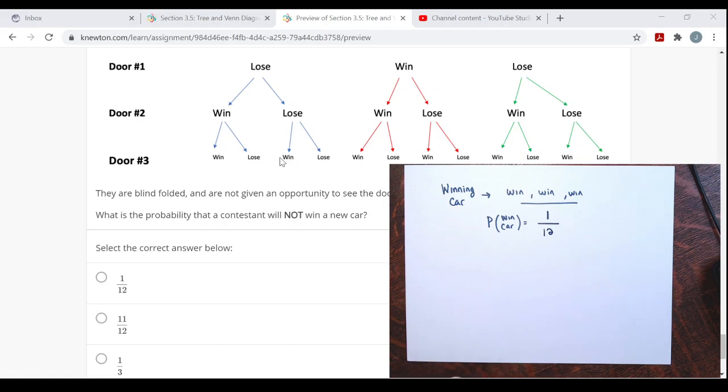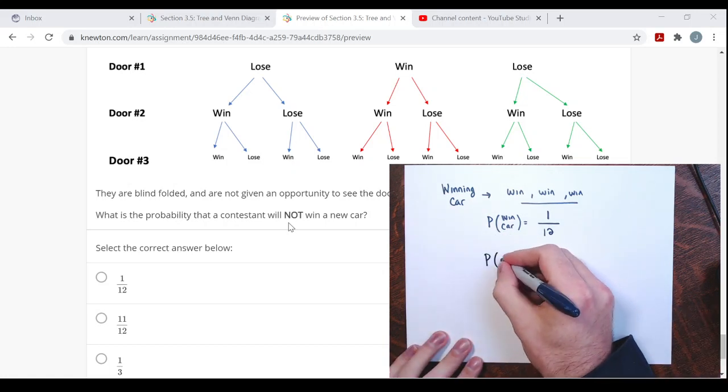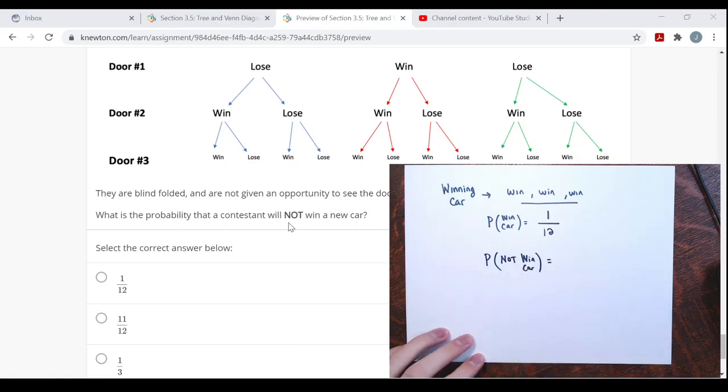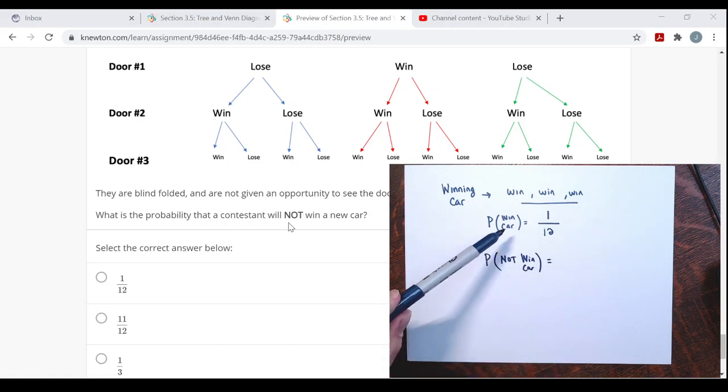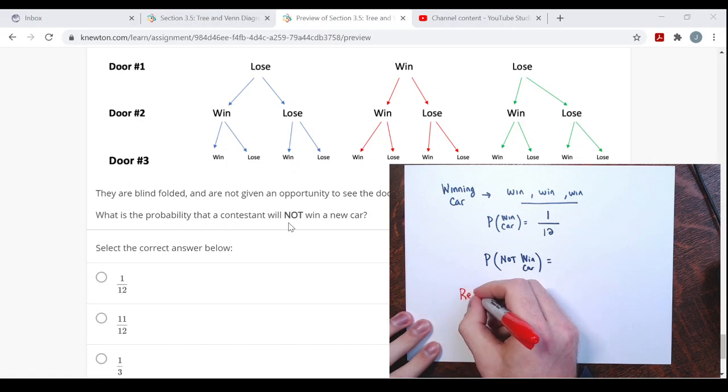Now they're asking here, what's the probability that the contestant will not win the car? So hopefully you remember that this is called the complement of that event, right? There's winning the car and then not winning the car. Now hopefully you recall this rule from earlier in the chapter.